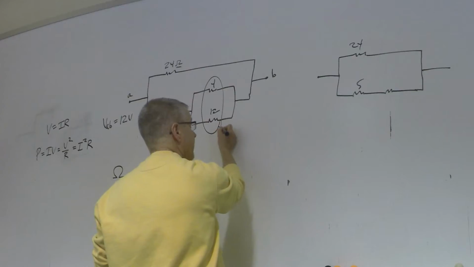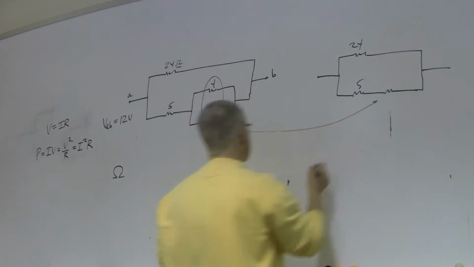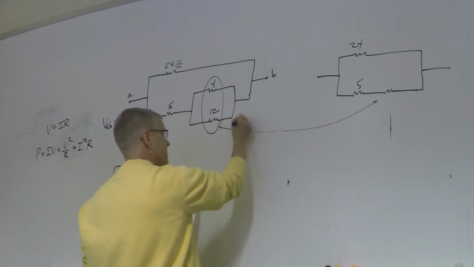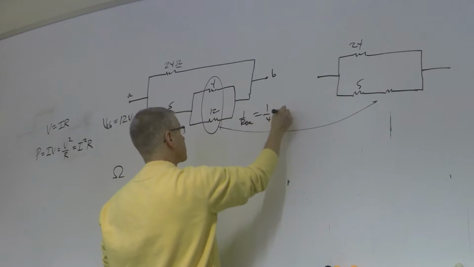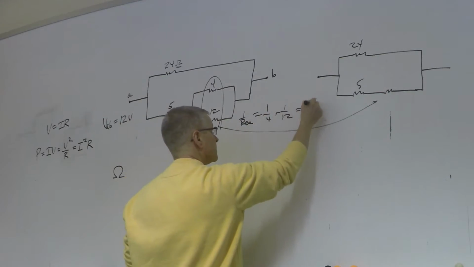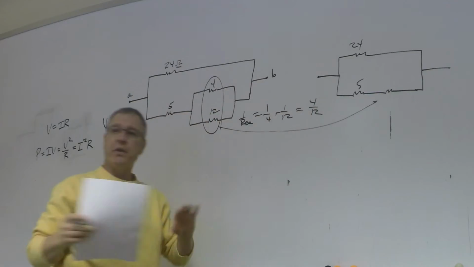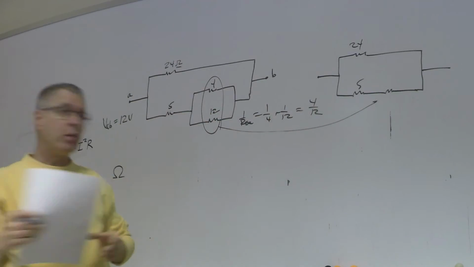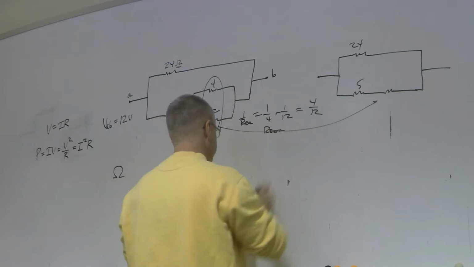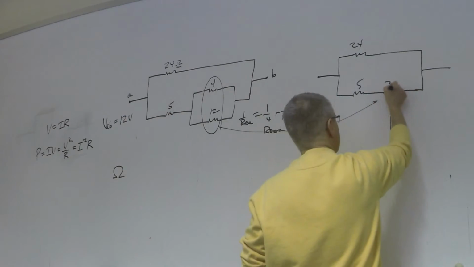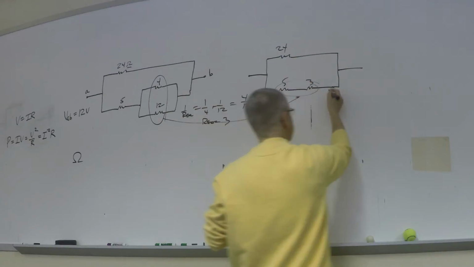So to turn this guy into an equivalent resistor, remember when they're parallel with resistors, that's when we do that 1 over stuff. So 1 over 4 plus 1 over 12. And then remember, hopefully you're good at this now, I've got to flip that answer over to get the actual equivalent resistance. These two are then in series.